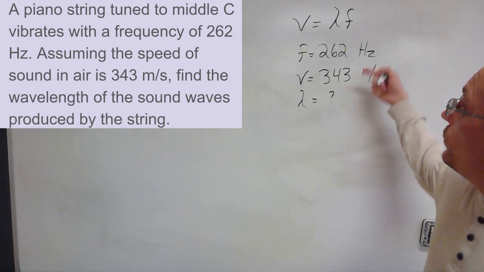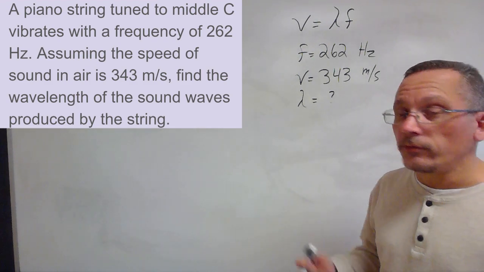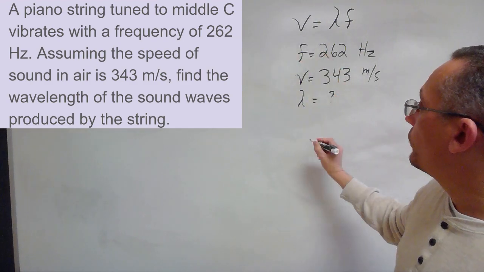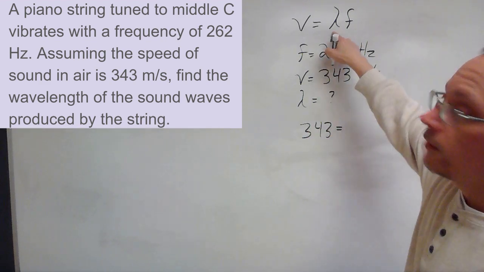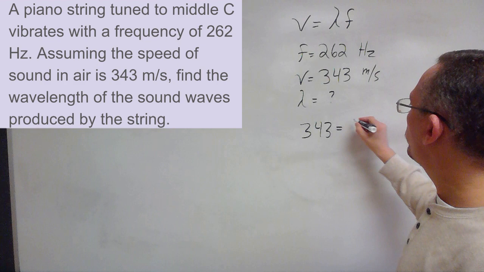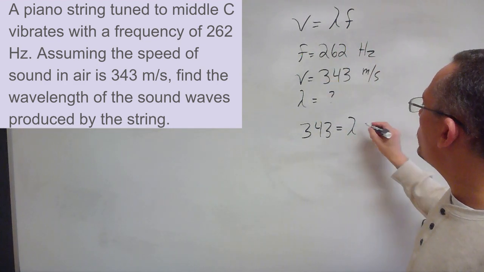Okay, so we know two of the three things in this equation. We're looking for the third one, so let's put the numbers in there and solve. V is 343. Lambda, we don't know. That's what they asked us to find. And the frequency is 262.